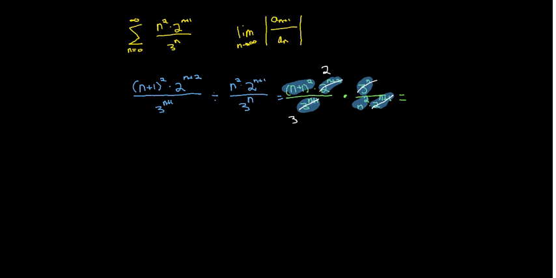And I don't know if we can necessarily do anything right quick with the other one. No. So let's leave that one be. We've got 2 times n plus 1 squared over, what do we have left on the bottom? We had a 3 and an n squared.